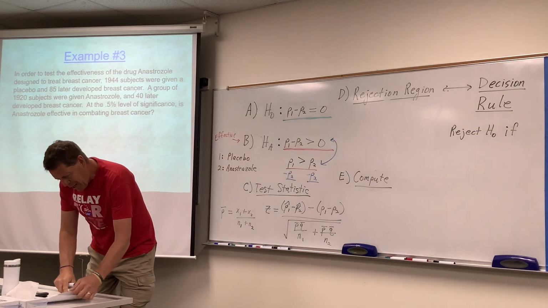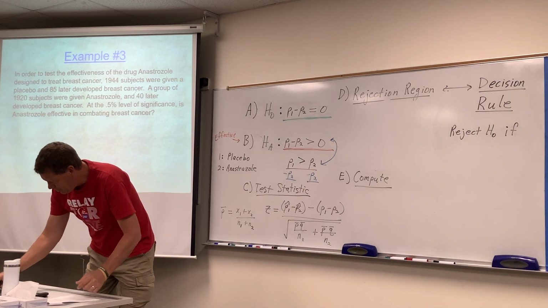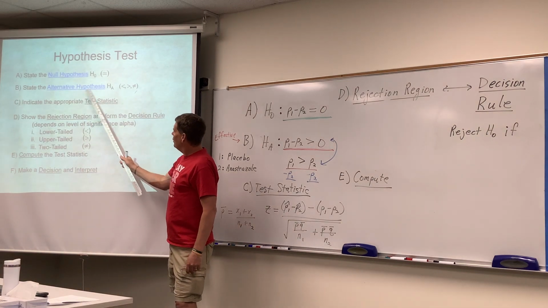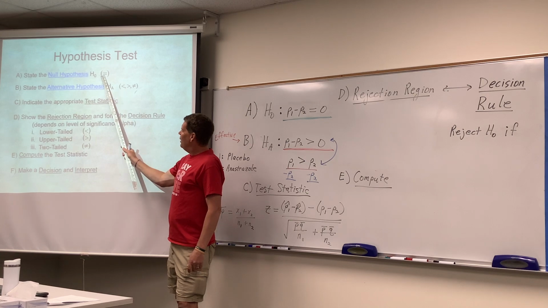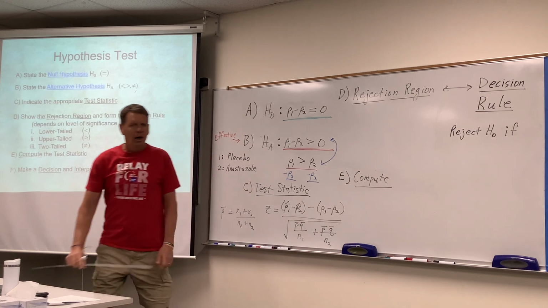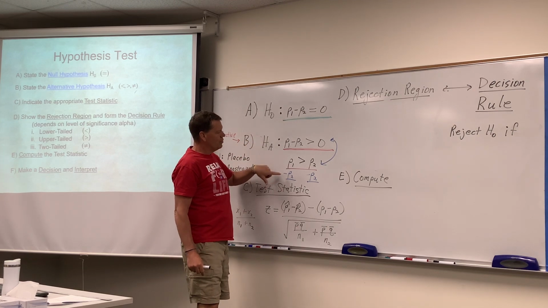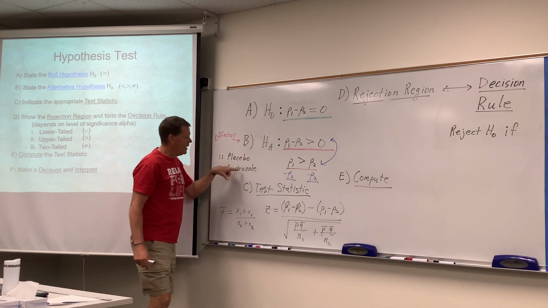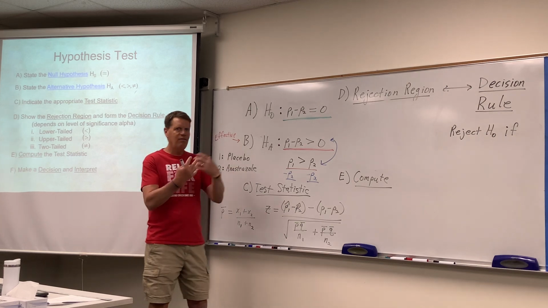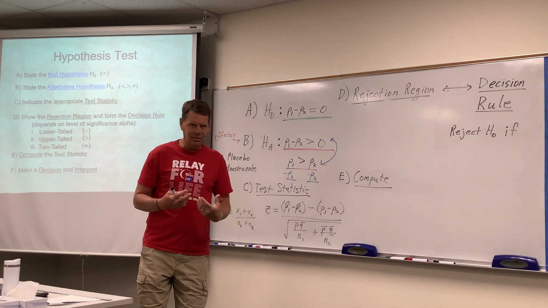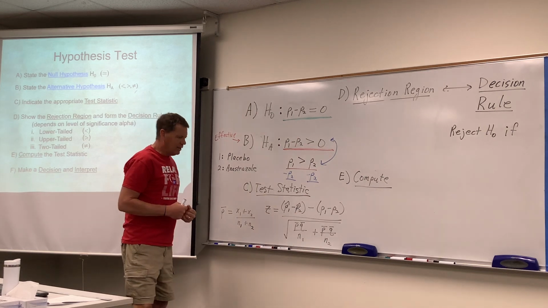So I want to again remind you, if you would look at the general steps for performing a hypothesis test, the alternative has your inequality and the null would have your equal. All right, what's that saying? Let's assume there's no difference between the two percentages. Let's assume that the medication and the placebo have no difference in terms of their effect in combating breast cancer. That's the idea behind that, all right?